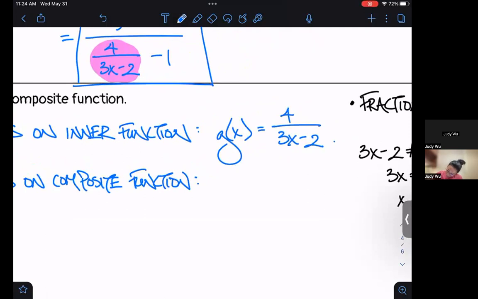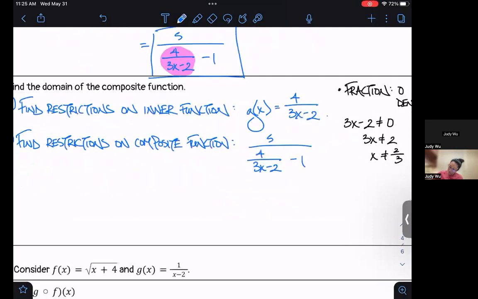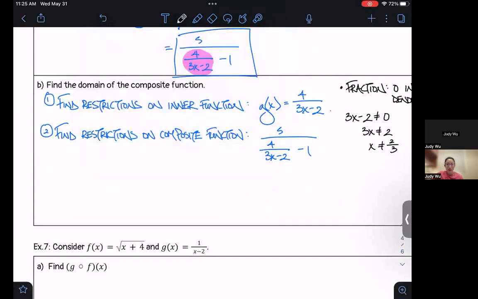So 5 over 4 over 3x minus 2 minus 1, right? And one thing we notice here is that, again, we have a fraction. This whole thing is a fraction, which means we can't have 0 in the denominator. And we can set up an equation that does that. 4 over 3x minus 2 minus 1 cannot equal 0.